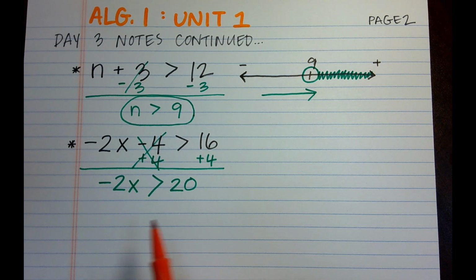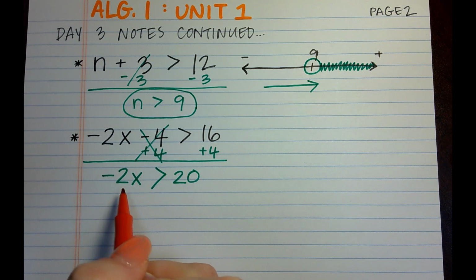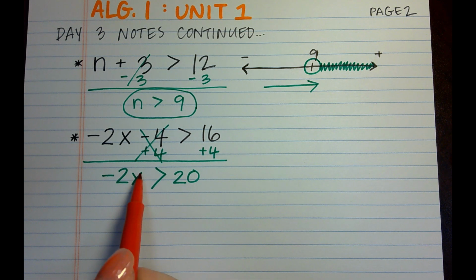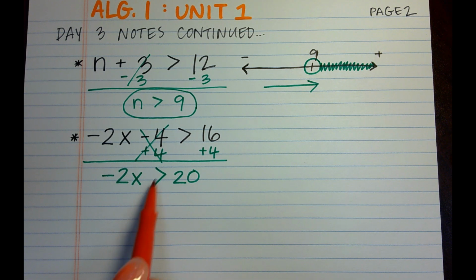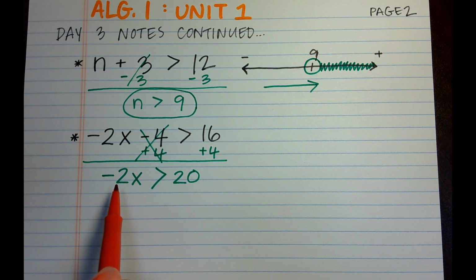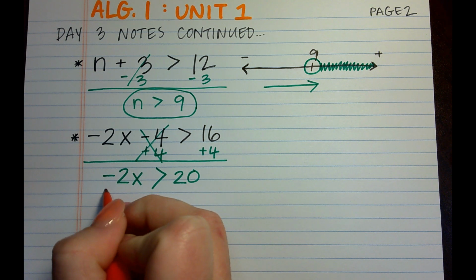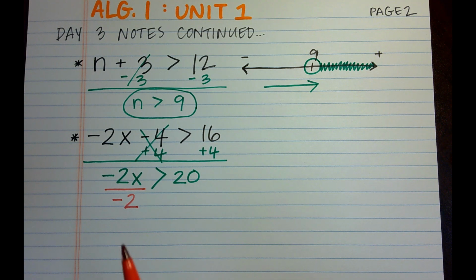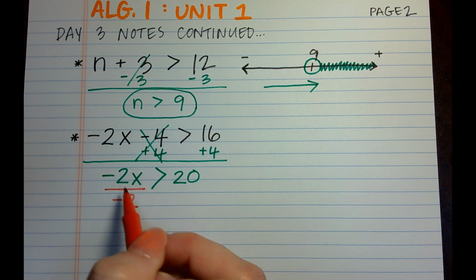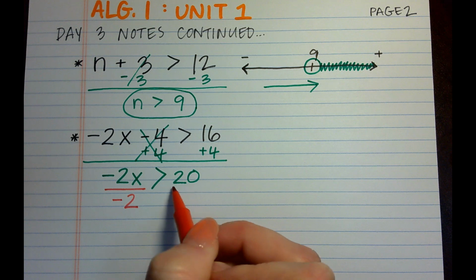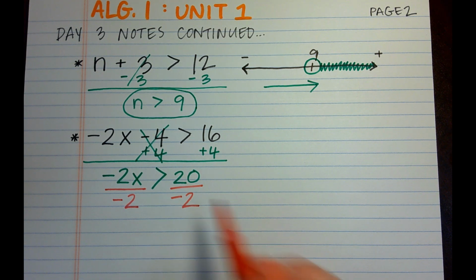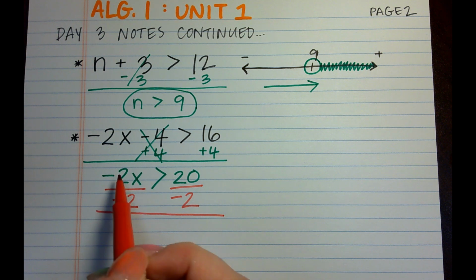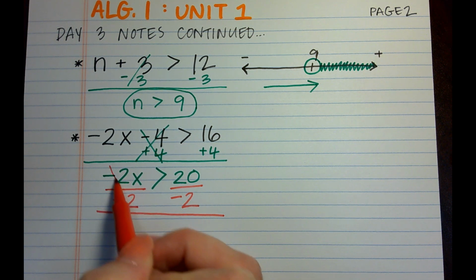Anytime we have an inequality and the x or the n or whatever the variable is, if it starts off with a negative number on it, like this, and we end up dividing by a negative or multiplying by a negative, changing the sign of the variable, we have to do something here. And I'll show you. We divided by negative 2.